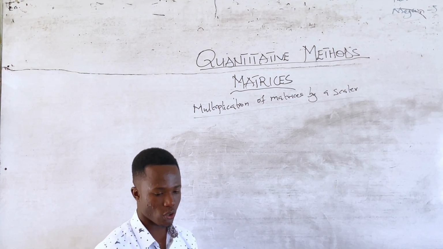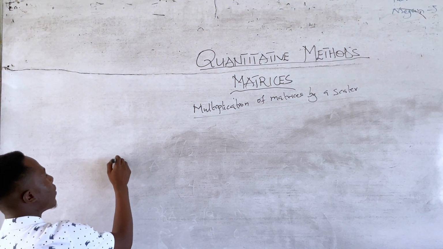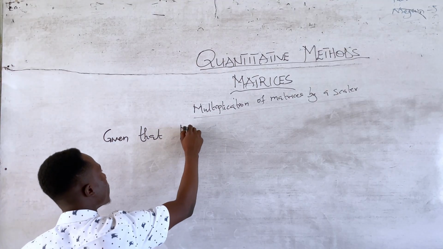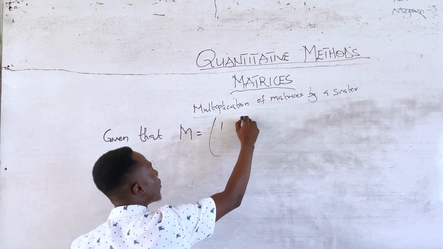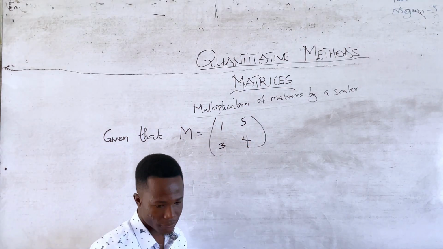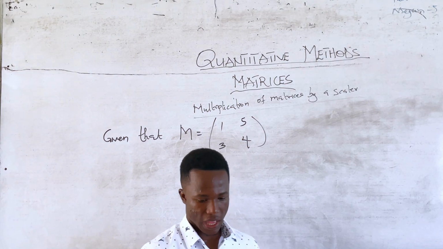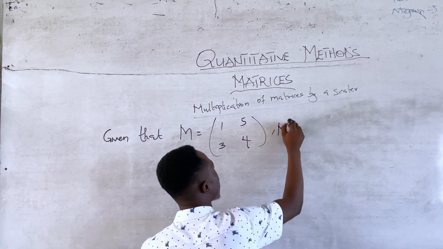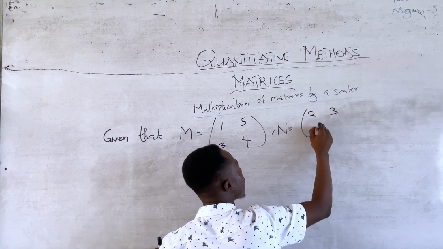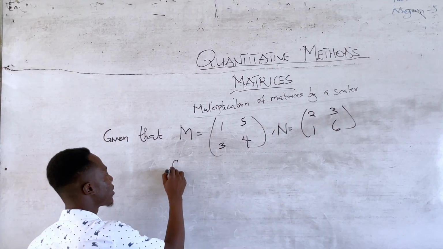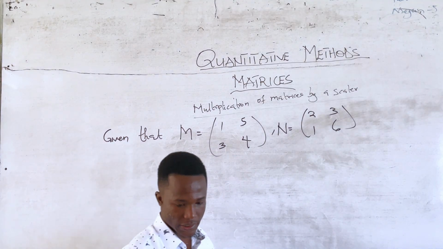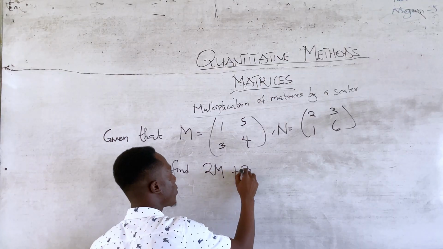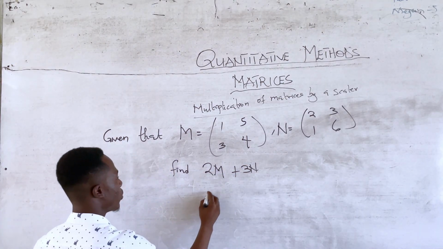Given that M equals 1, 5, 3, 4, and N equals 2, 3, 1, 6, find 2M plus 3N.